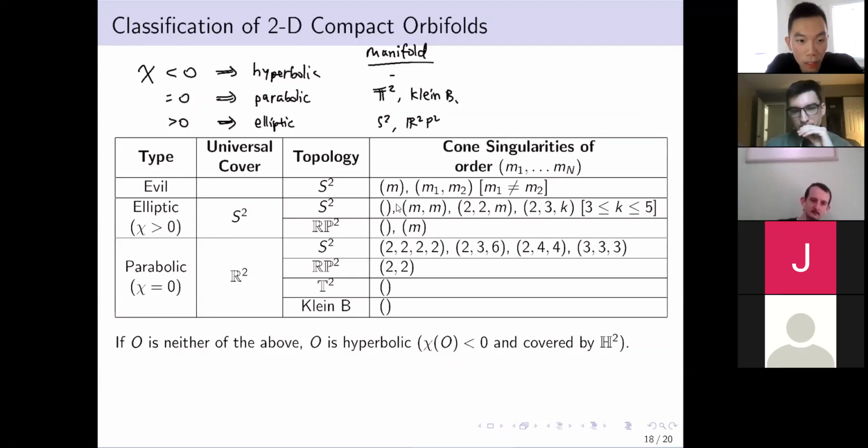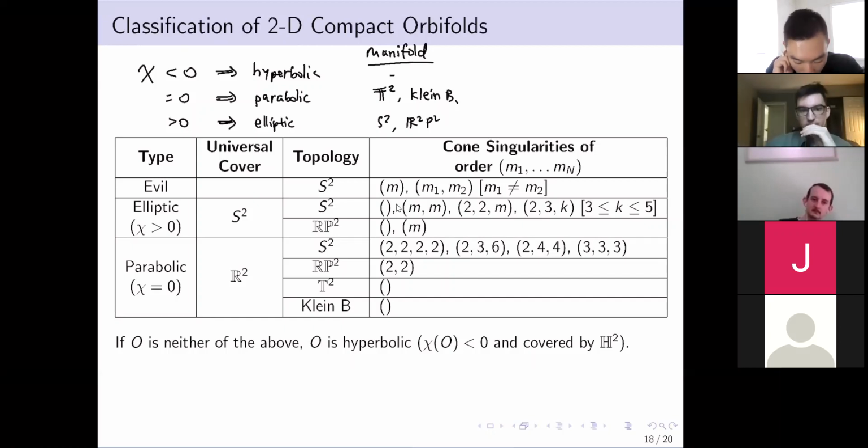Remember the statement earlier that every compact orbifold is homeomorphic, so topologically equivalent, to a manifold. Whenever there's no boundary, it's going to be one of these four, plus the hyperbolic ones, of which there are infinitely many.